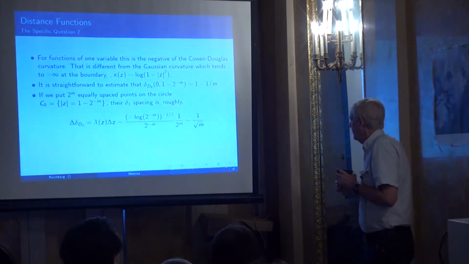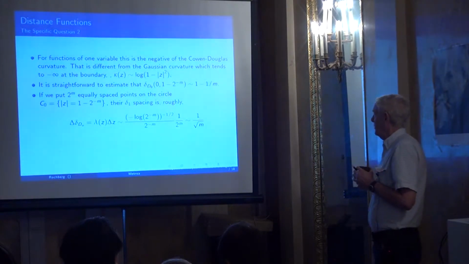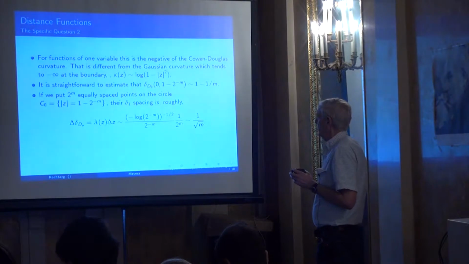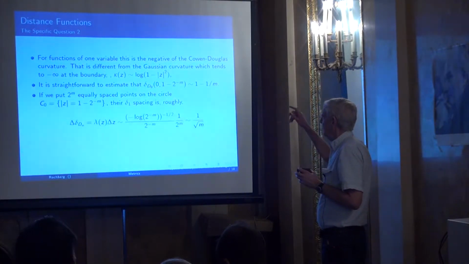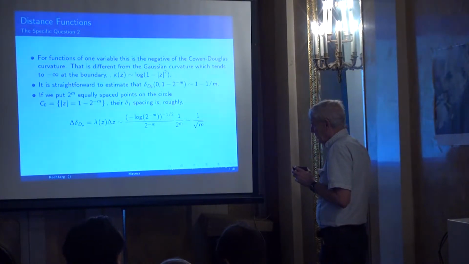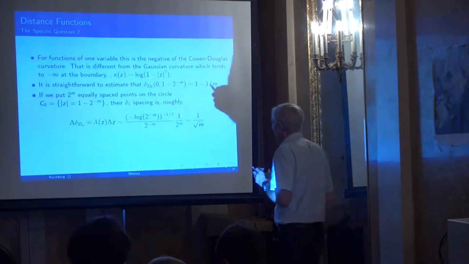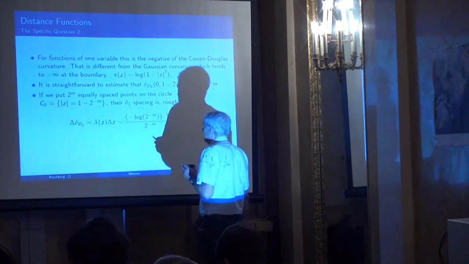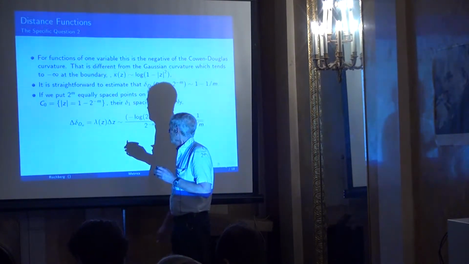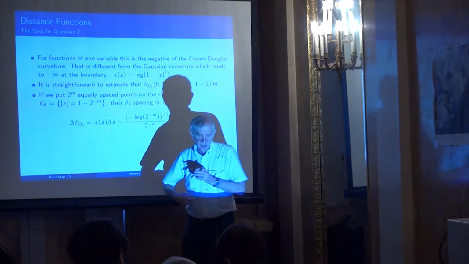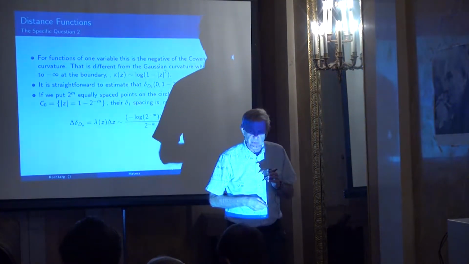And I'm not going to compute it exactly, I'm going to compute it approximately by saying the points are very close to each other in the Euclidean sense, so rather than use this metric, we can use the infinitesimal Riemannian metric as a good approximation, in which case the delta distance between the points is approximately lambda evaluated at that point times the Euclidean distance between them.